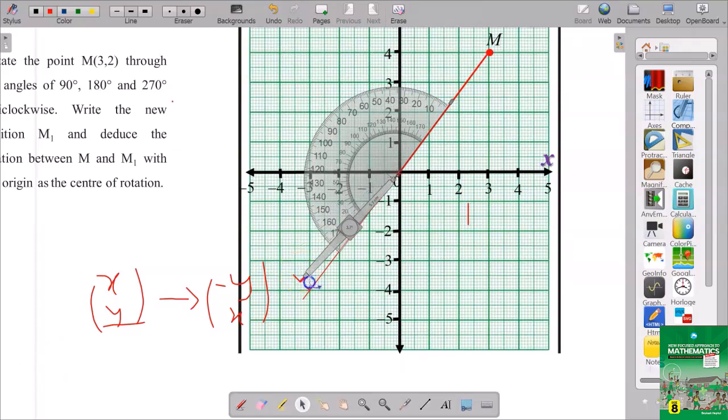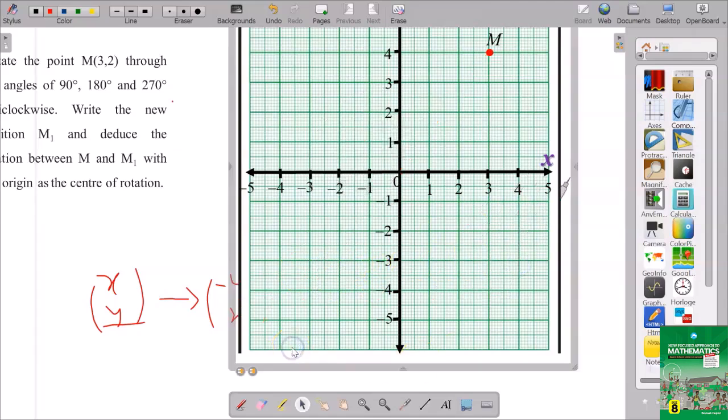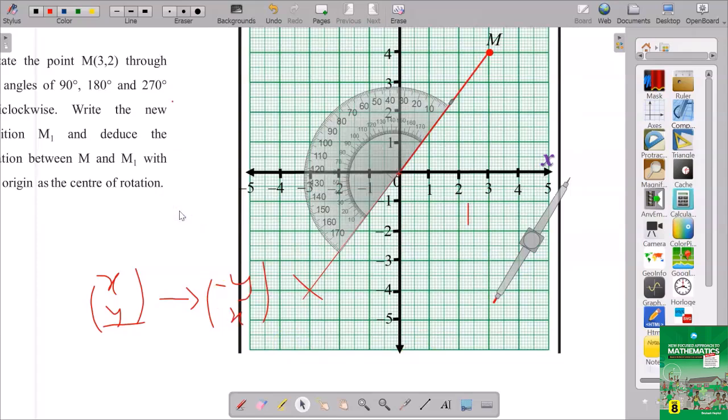Right, so now that we have this, we can now position our point M, so the M prime.